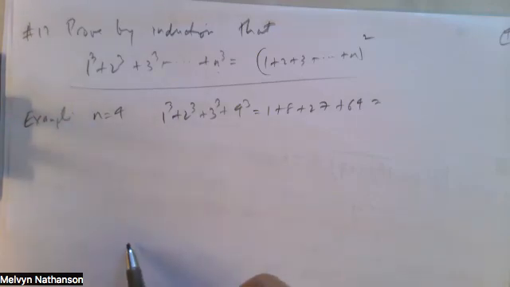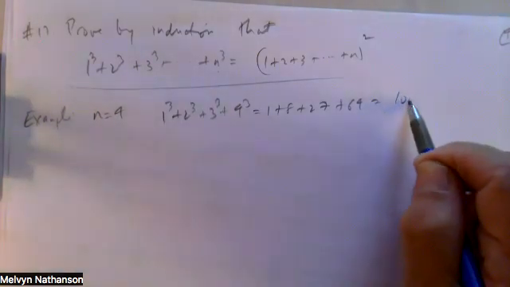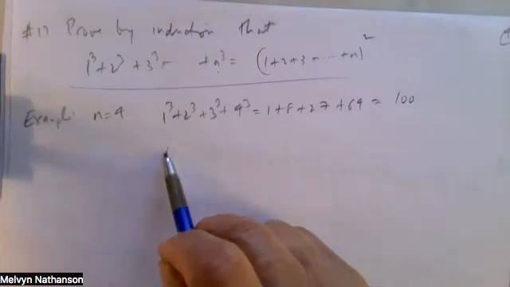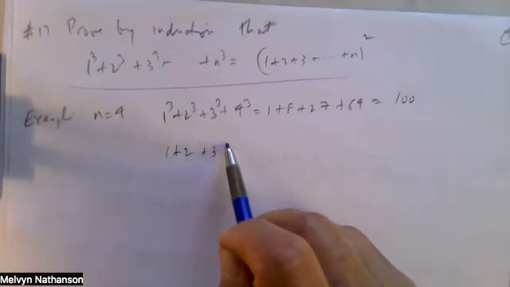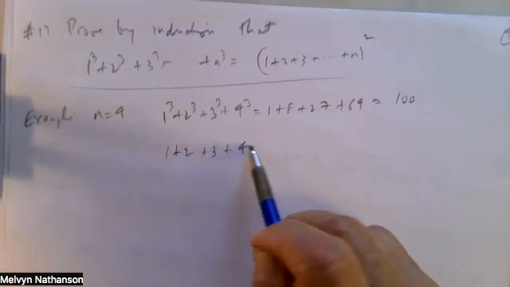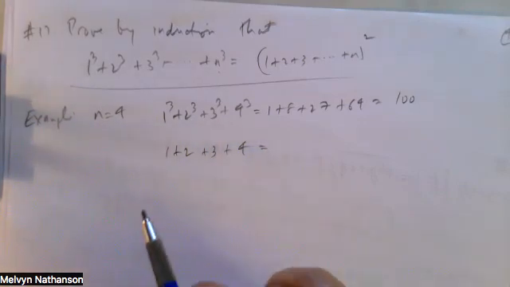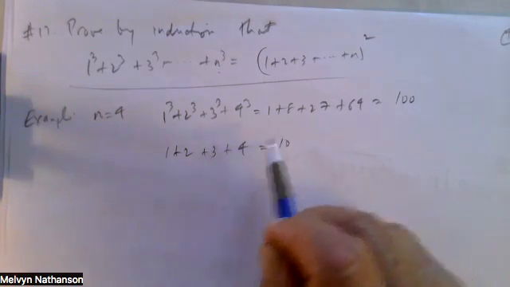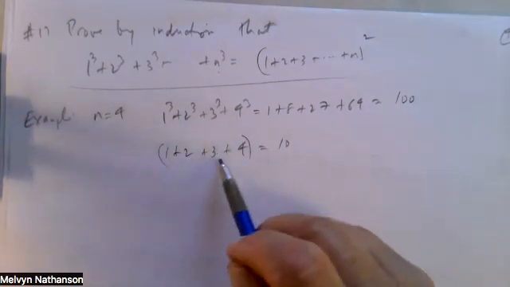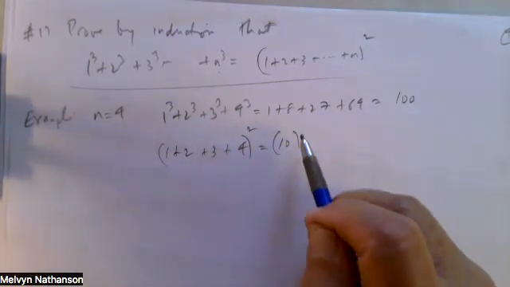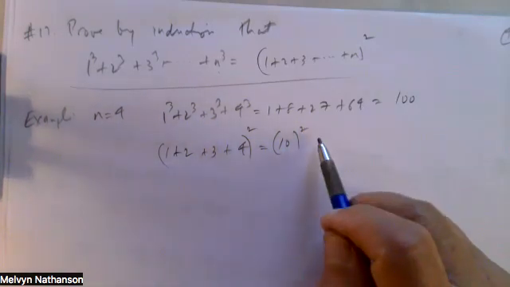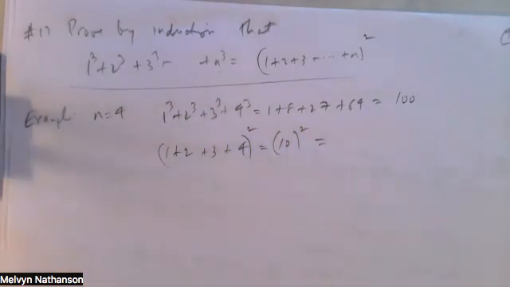What's the sum? 100. Okay. And if you add 1 plus 2 plus 3 plus 4, what do you get? 10. So if you square 1 plus 2 plus 3 plus 4, you get 10 squared. What is 10 squared? 100.